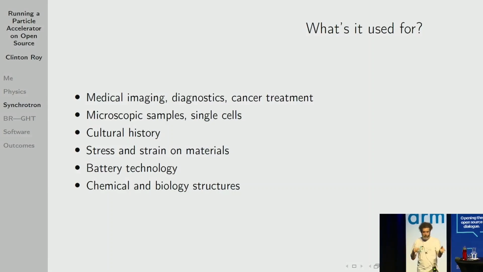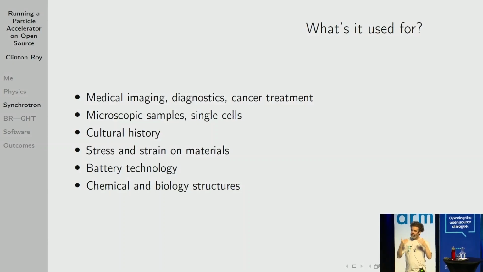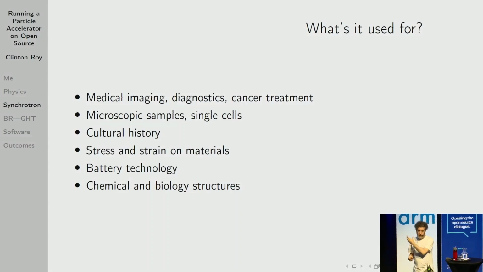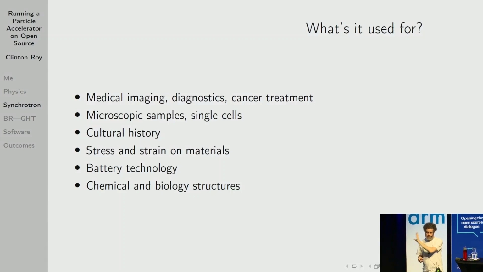We've got some experiments where they are spraying different chemicals at materials and seeing how they change under the X-rays. A lot of these are experiments in real time, seeing how a material or a product changes over time. There's a lot of battery work going on. Every other week there's a new battery chemistry that gets put out.